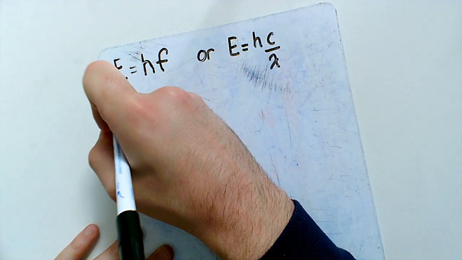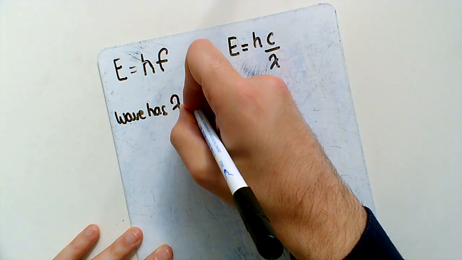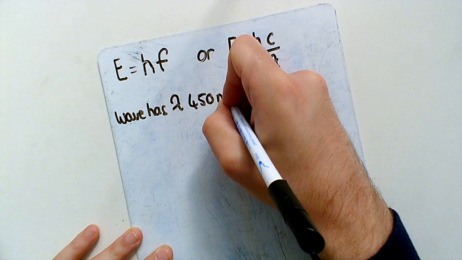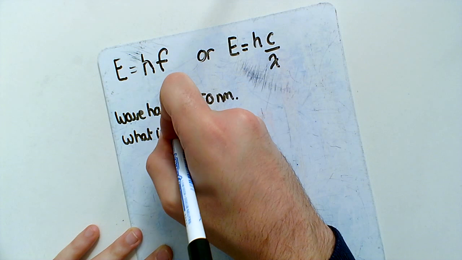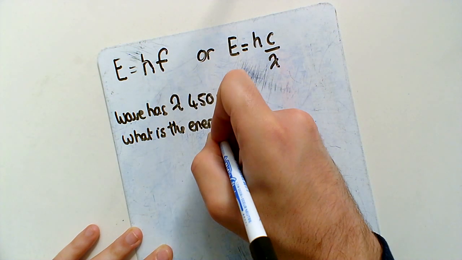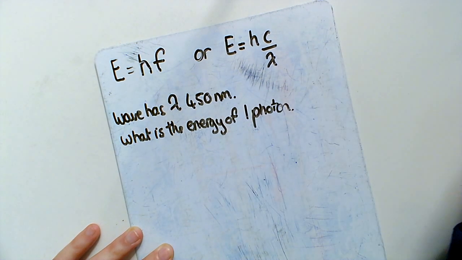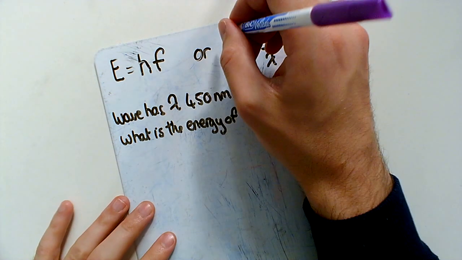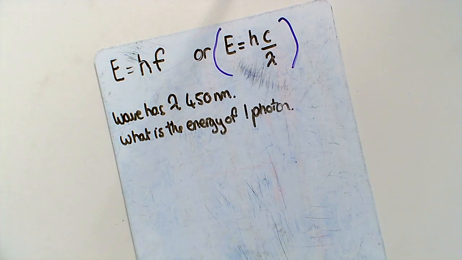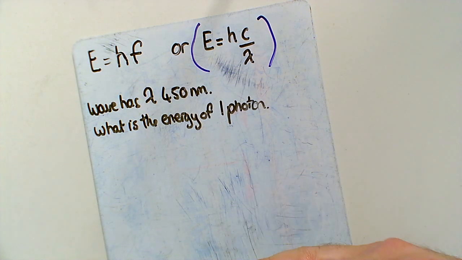So that's the example we'll do. We'll say a wave has lambda, we'll use the same one as before, 450 nanometers. What is the energy of one photon? We're going to have to use that equation because we have got lambda. Now we need to make sure that whenever we're doing something like this, all of our units agree.